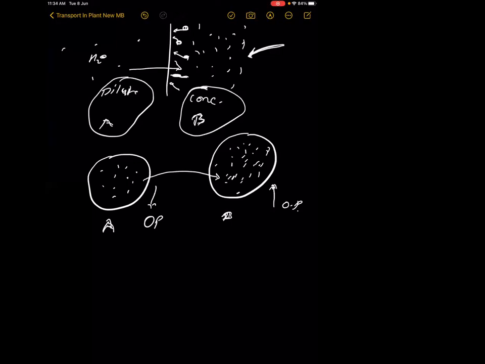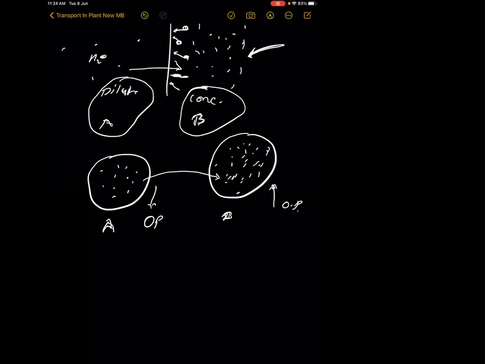Suppose you are pushing a bus, a car. Only one person can push the car, and if we compare with the condition where 3-4 persons are pushing the car, where is the pressure more? In the second condition. Similarly here the solute molecules push or exert a pressure on the wall.